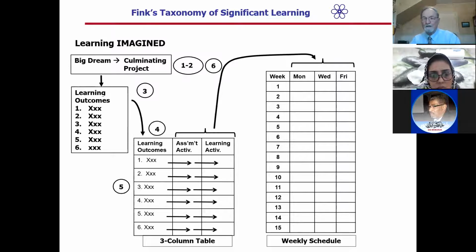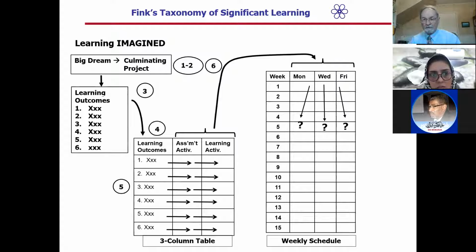So depending on what the time structure for your course is, and I just laid out an example here of a course that meets on Monday, Wednesday, Friday for 15 weeks, what you have to do then is take all of those learning activities from the 3-column table and put them into this weekly schedule somewhere.